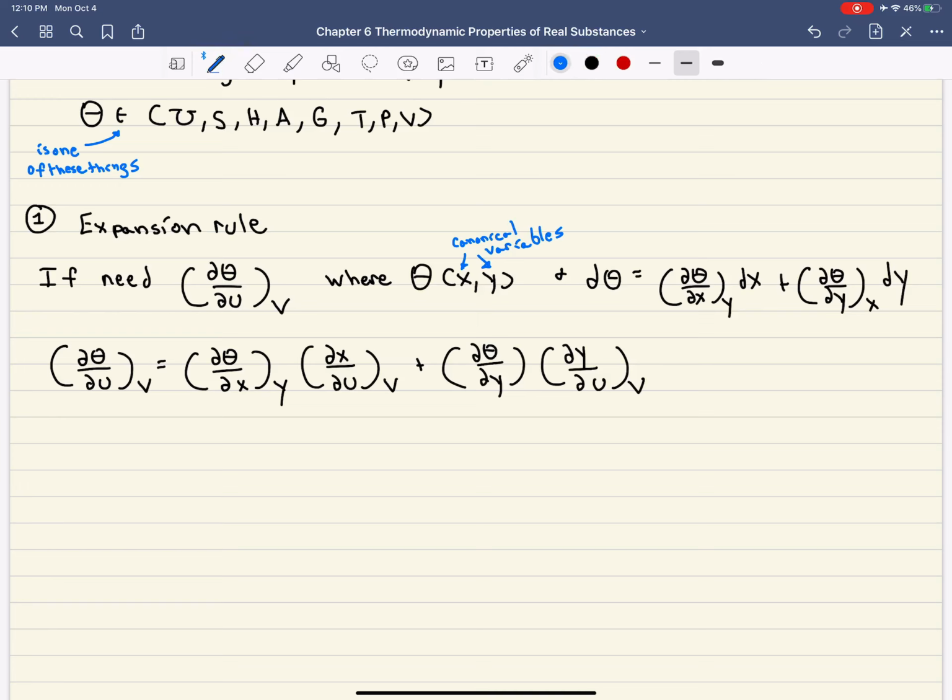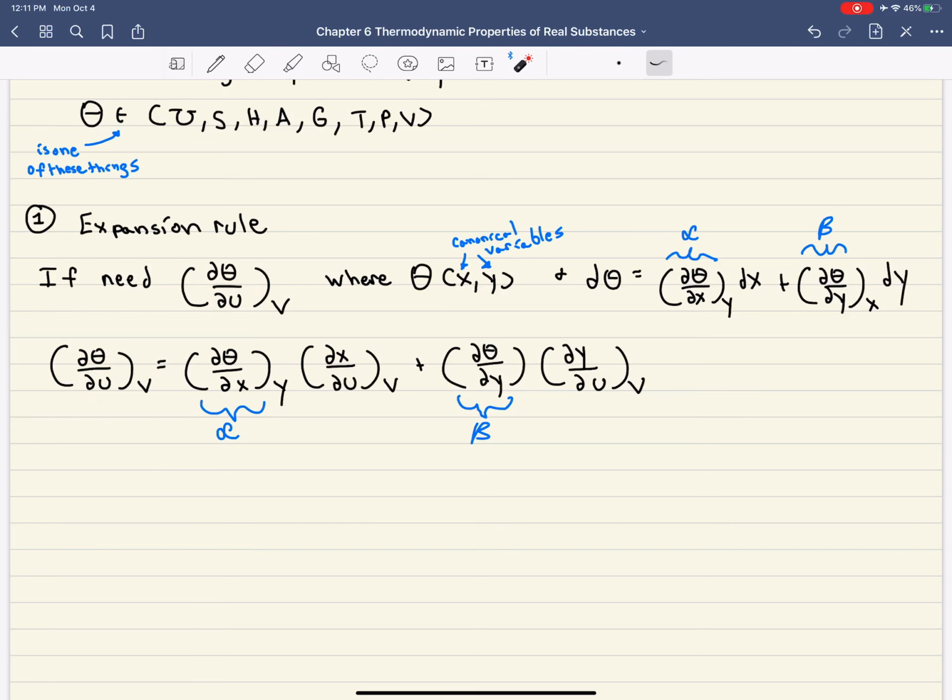The utility of applying the expansion rule in this situation is that from your total derivative of theta, if we call these alpha and beta, you would know what these things are. When you apply the expansion rule, this alpha and beta would also be there. The reason to use the expansion rule, as we've talked about before, is that it's a way to introduce new variables into your function.